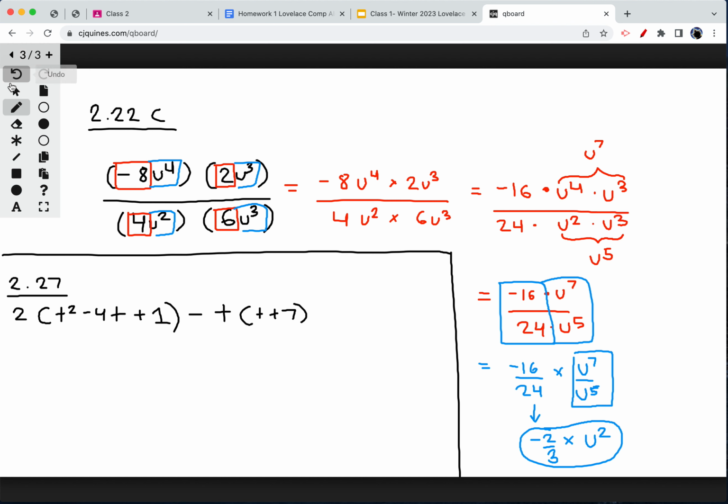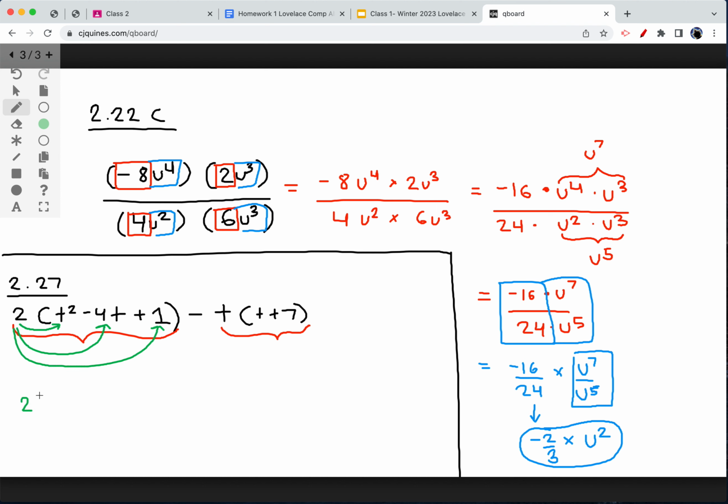So the first thing we do here is we expand this term and we expand this term. So the first thing we'll do is we'll multiply the 2 by each of the terms in the parentheses. So we do 2 times t squared, 2 times minus 4t, and 2 times 1.